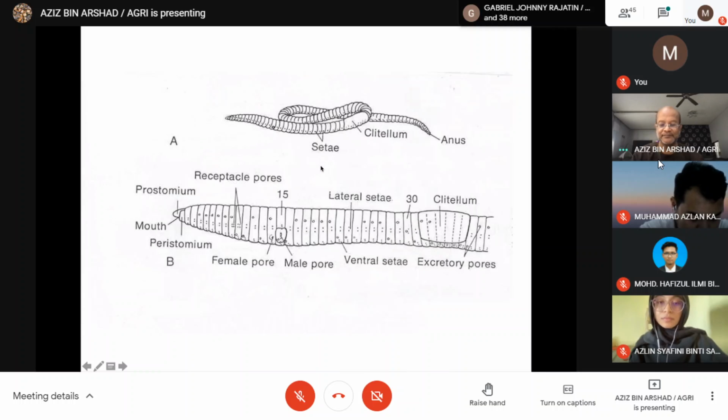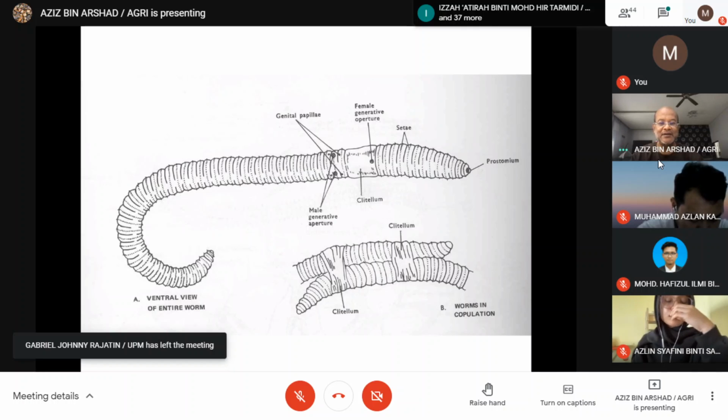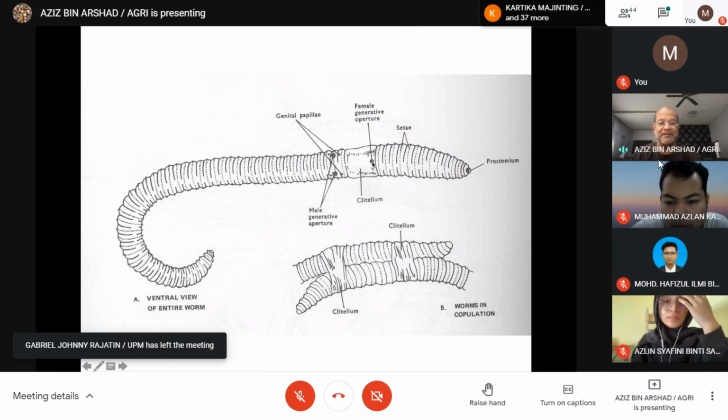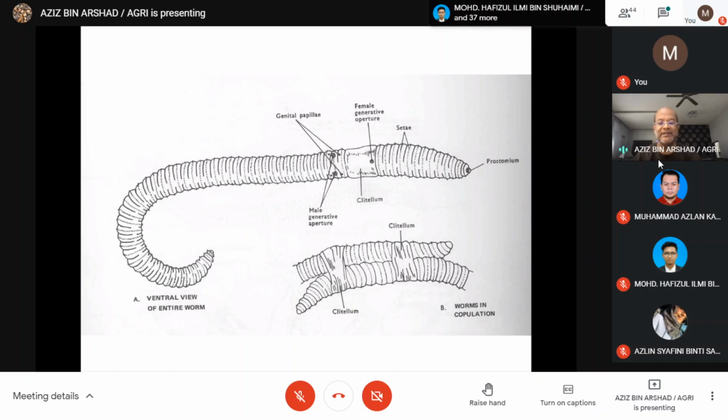And these are the genital papillae. This is the male generative part. And in order to transfer gametes into the female, they have to go crisscrossing, one facing the other way when they are in copulation. Copulation means the coming together of the two worms that are hermaphrodite for the transfer of the male gamete to the female.